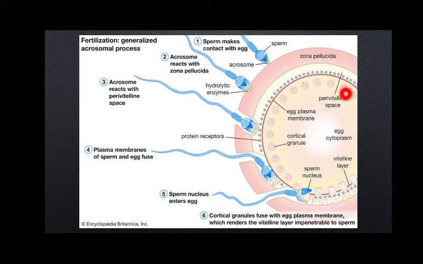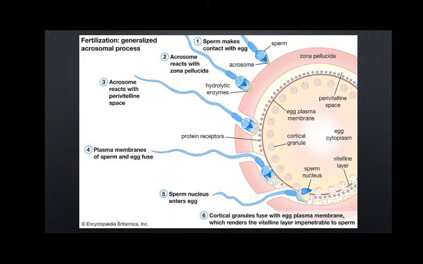Now this is the egg cytoplasm, if you remember, with the haploid nucleus present inside. The sperm nucleus also will enter right there. But at the very moment this entry takes place, the cortical granules also will fuse, means both fusions will take place simultaneously.